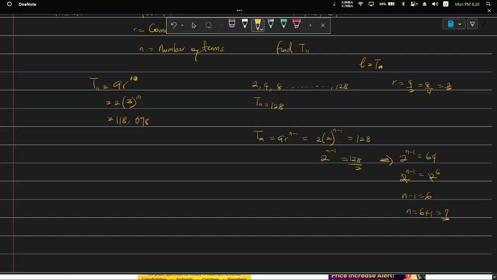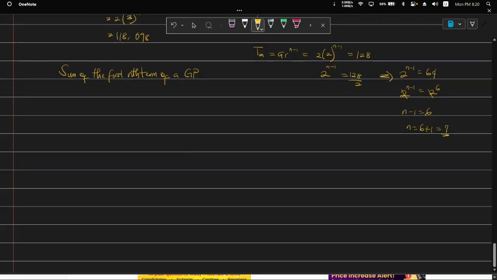So we can go on to the sum of the first n terms of a GP. Yeah, it is quite tricky with this.